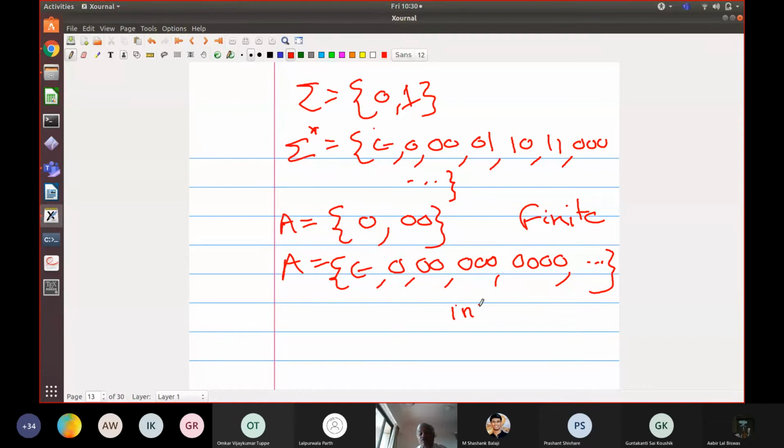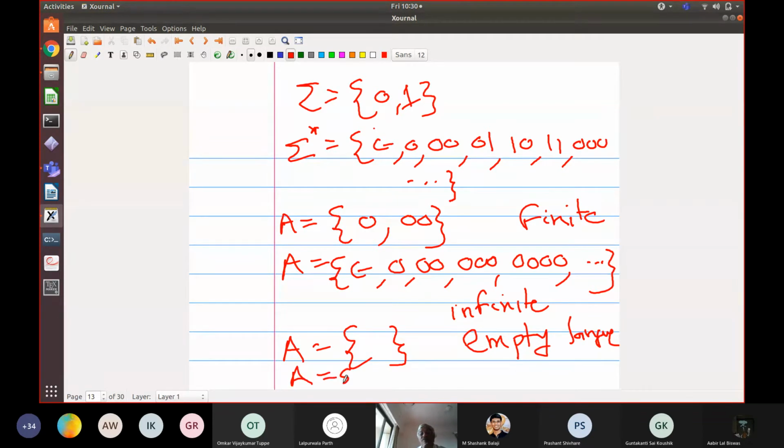This is an infinite language, right? There is also a language where we include no string within the language. This is called the empty language. This is also a subset of sigma star, right? And finally, we have this language which contains only the word epsilon. This is a non-empty language which has one element, the empty word.